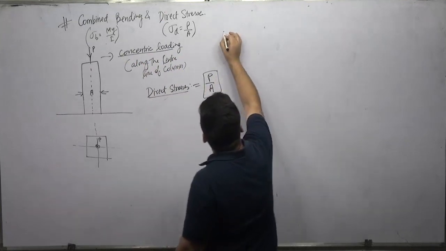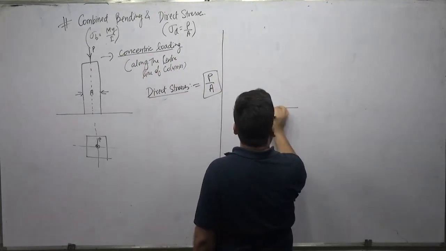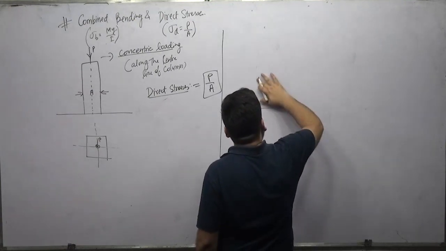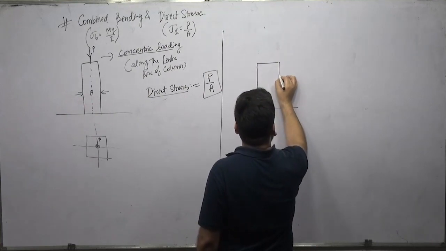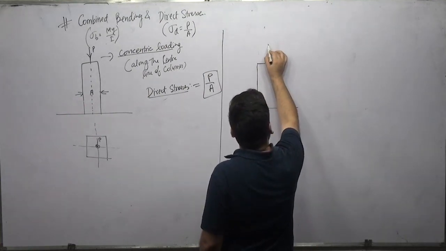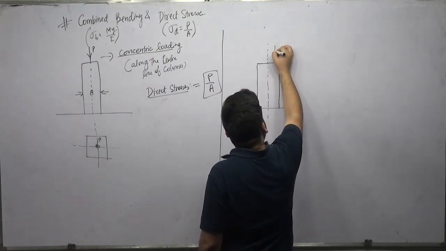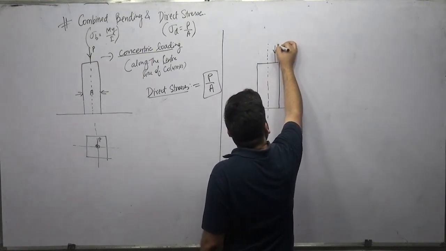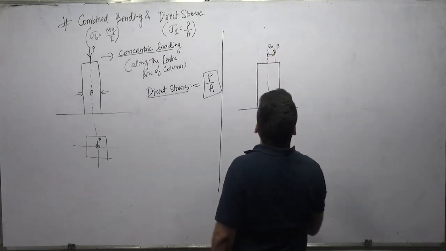We can also have this type of loading. On the column, we can have a loading P at some distance. Let us say that this distance is Ex.